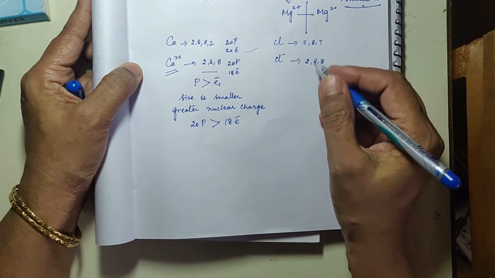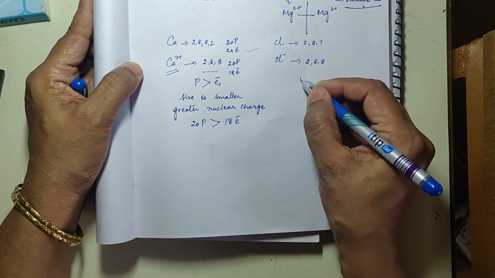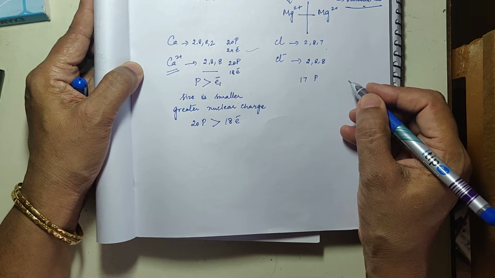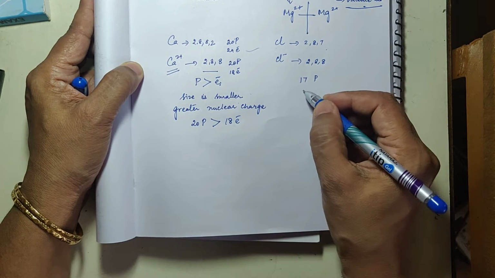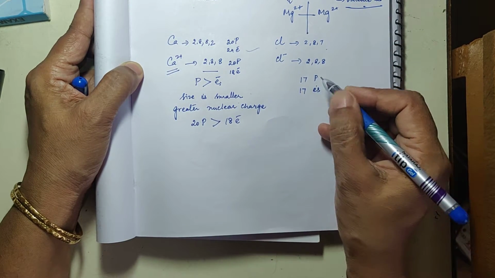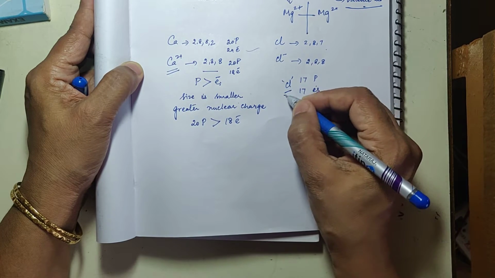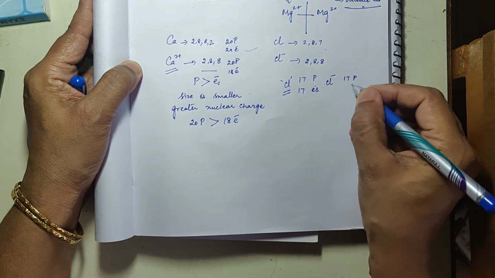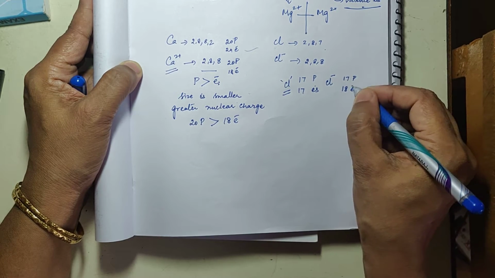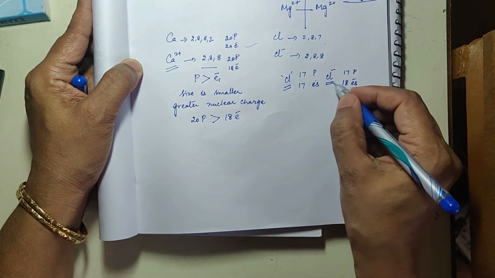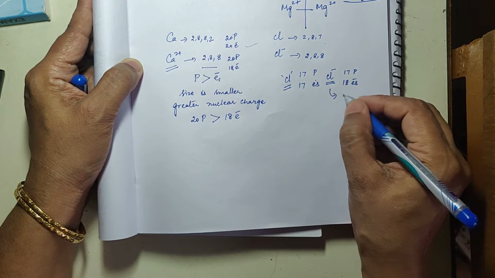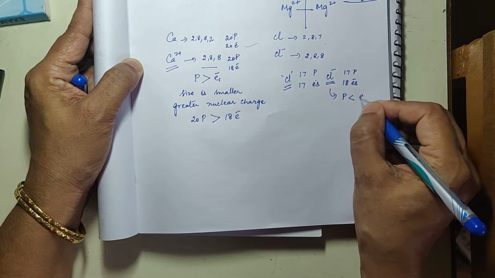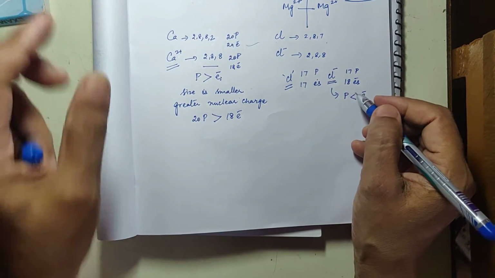Now in this case what you find? You have 17 protons and 17 electrons in the case of the Cl atom. Now in the case of Cl-, what do you have? You have 17 protons but 18 electrons. So in the case of Cl- the proton number is less than the electron number, right?